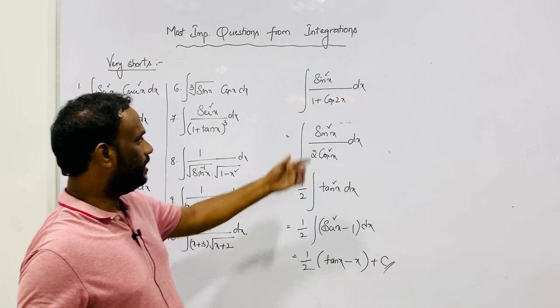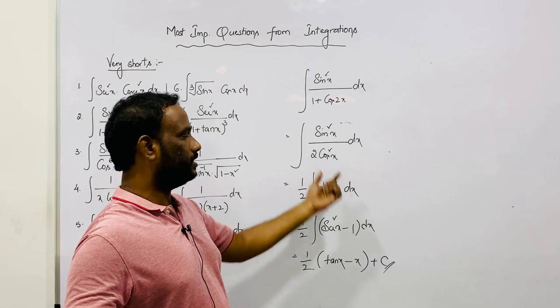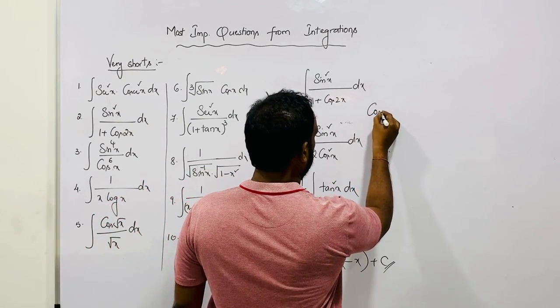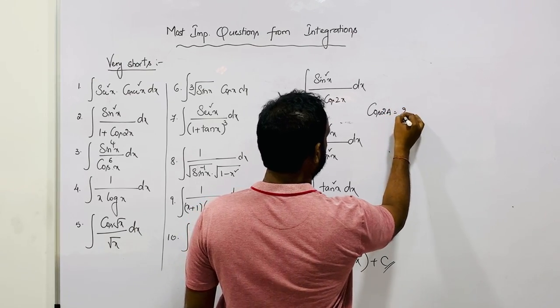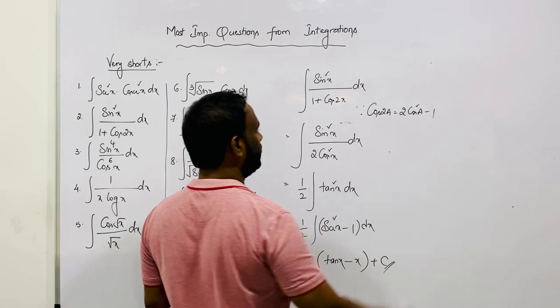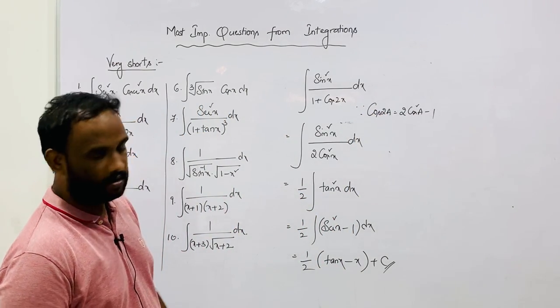So here by converting 1 plus cos 2x into 2 cos square x by using the identity cos 2a is equal to 2 cos square a minus 1, by using this trigonometric identity you can easily solve this problem.